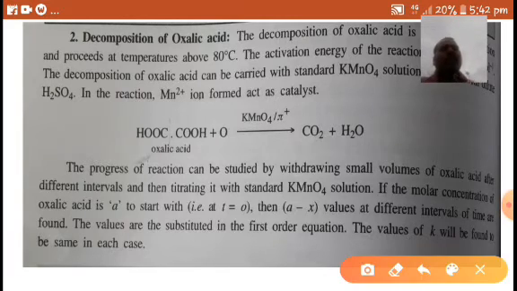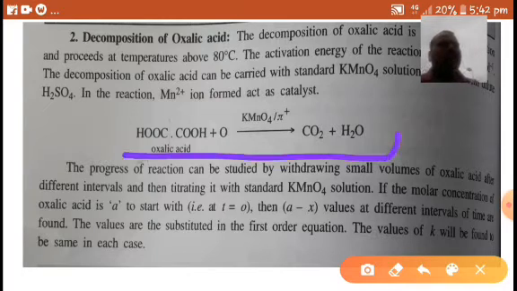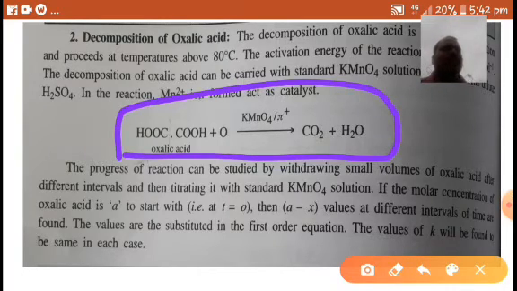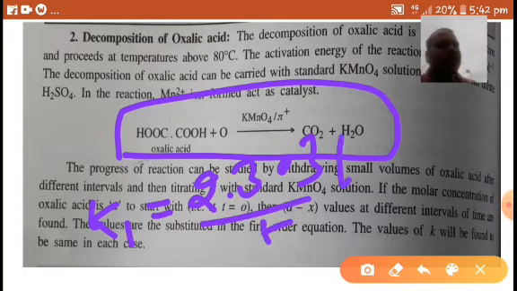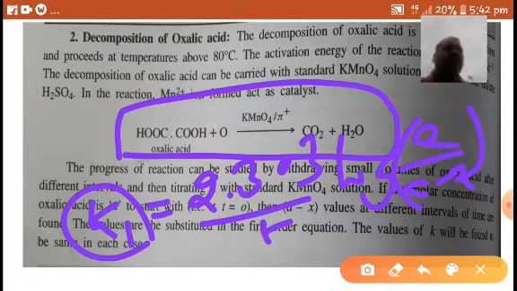So what I am trying to say is, at different concentrations of reactants, at different intervals of time, we will substitute all those values in this equation, and we will get the same value of k1 for each substitution.